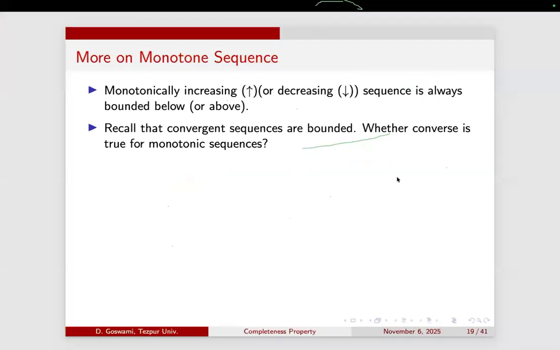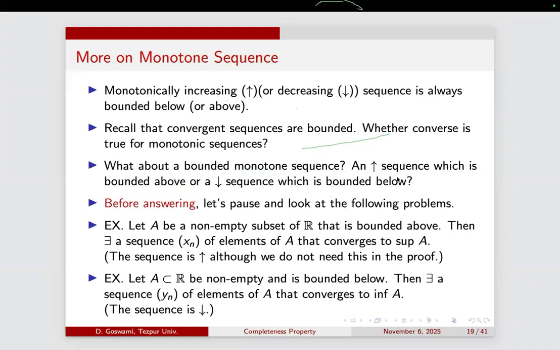Okay. So before answering the question, let's concentrate on this part, just this exercise that we have already seen. I have already shown you pictorially that if A is a non-empty bounded above subset of R, it will have a supremum.